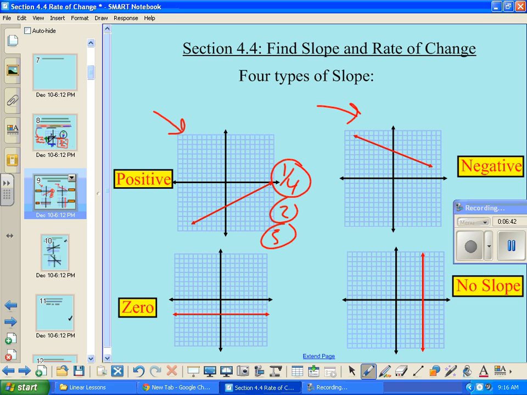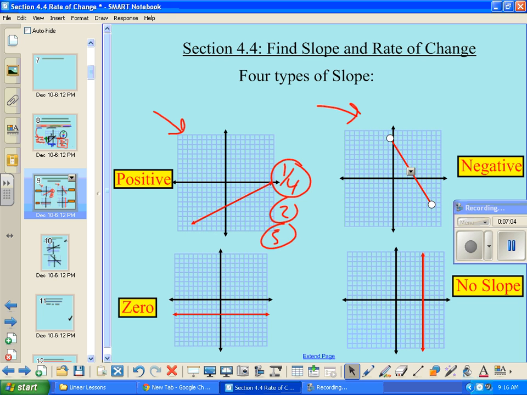Going to this next one here, the top right, a negative slope line is just any line that's going down and to the right. Again, if I think about it, I'm reading a book, I go left to right, and the line is going down, that's going to be a negative slope line. Again, doesn't matter how steep, if it's this steep, or if it's way over here, or up here, or if it's a flatter line, doesn't matter.